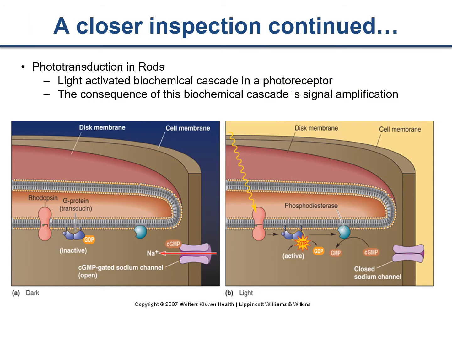So here's another look. When there's no light coming in, then nothing's happening in the photocell, and we get a nice flux of sodium going across this channel. If we have a nice flux of sodium going across this channel, of course the cell must be in equilibrium, so there's an equivalent flux of something going out, and that will establish some sort of resting Nernst potential.